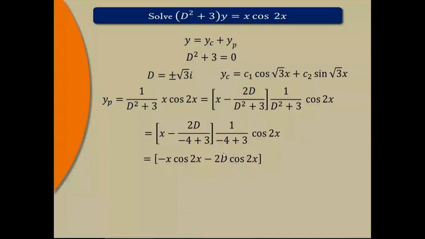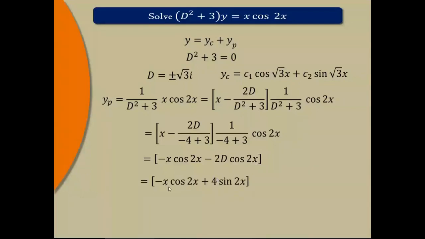And D is nothing but the derivative, so find the derivative of cos 2x. 1 by D stands for integration, but a single D in the numerator stands for derivative. Find the derivative of this. The derivative of cos 2x is minus sin 2x into the derivative of 2x, that is 2. So it is minus 2 sin 2x. Minus 2 into minus 2 becomes plus 4.